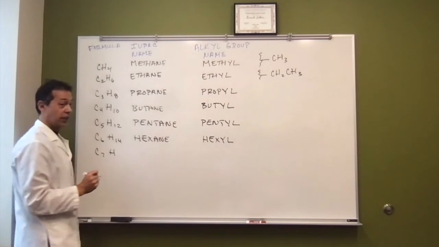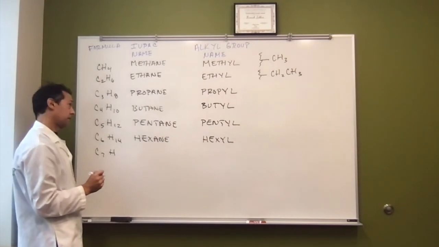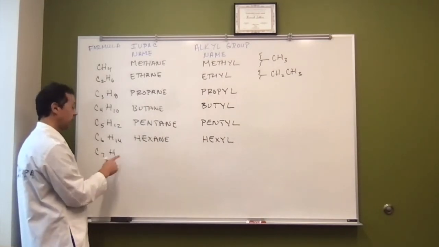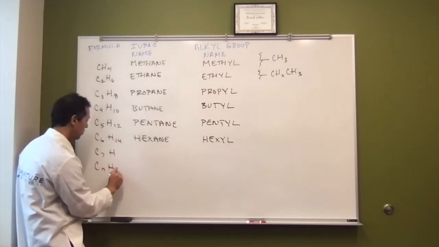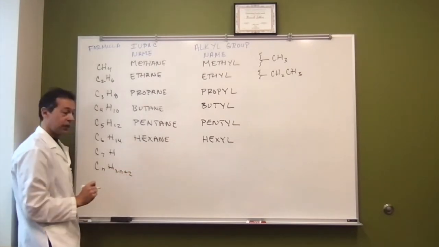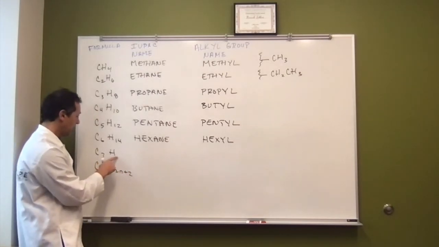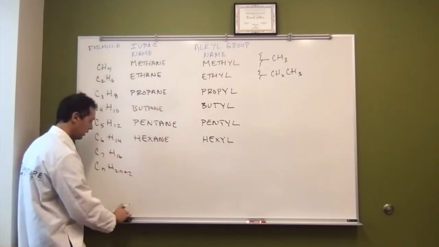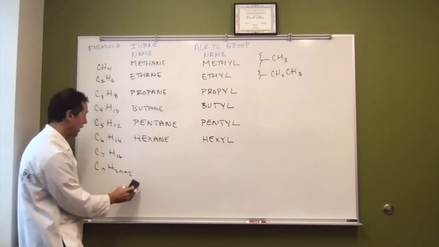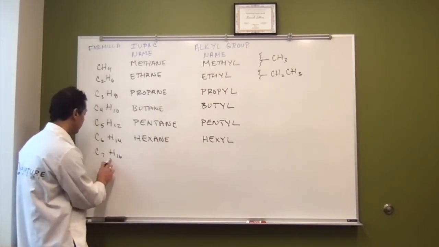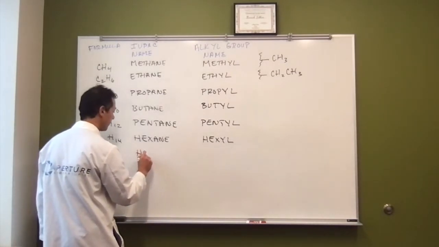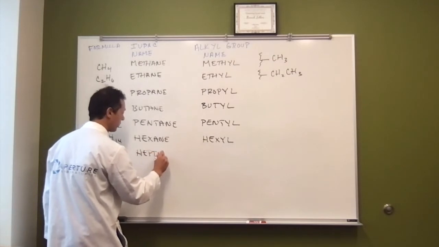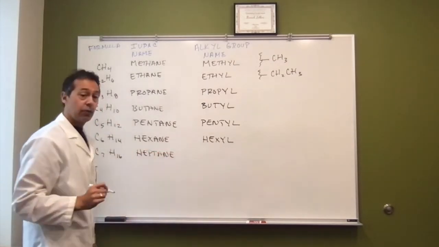C7H, can you guess? Remember that the formula is CnH2n+2, so 14 plus 2 would be 16. I'm just trying to do that in my head. So 7 carbons would be heptane, and then it would be heptyl.